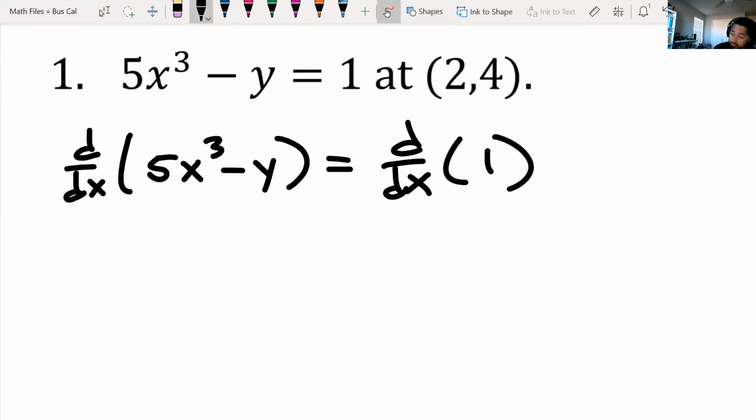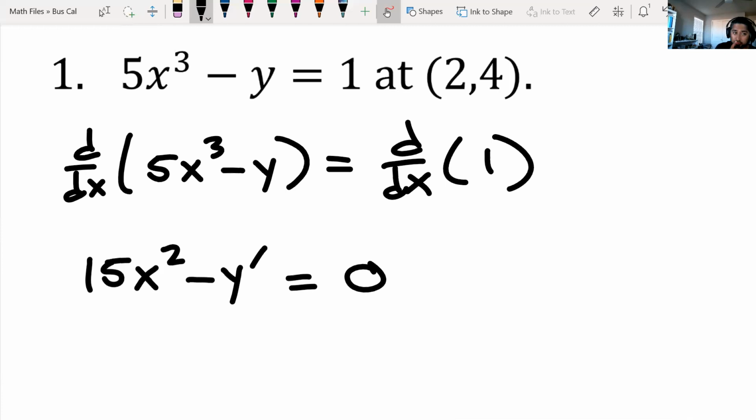The derivative of 5x cubed is 15x squared, and the implicit derivative of y is going to be y prime. And the derivative of 1 is 0.